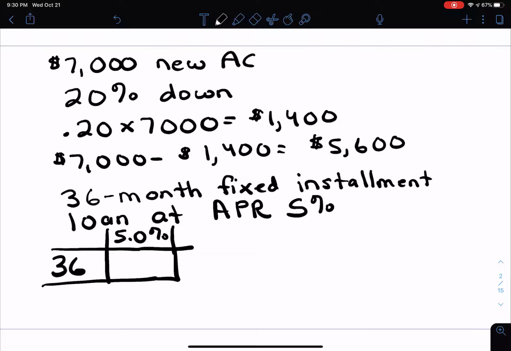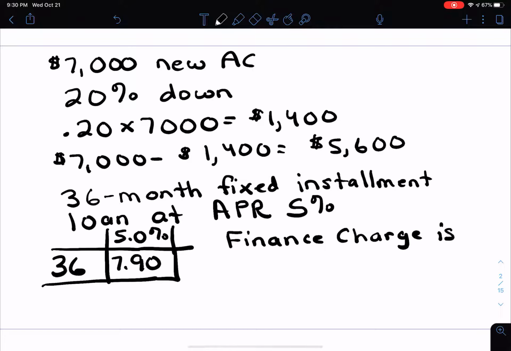When I do that, I get 7.90. So the finance charge for this loan is $7.90 per $100 financed.